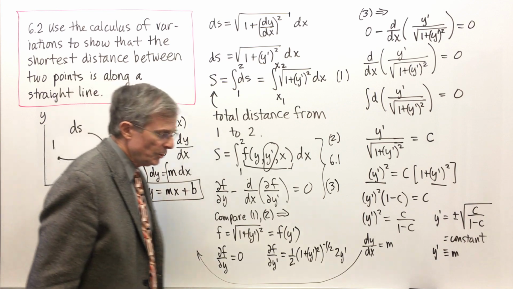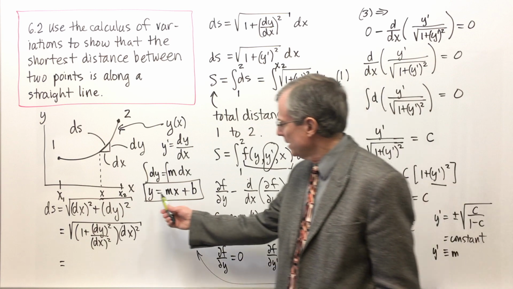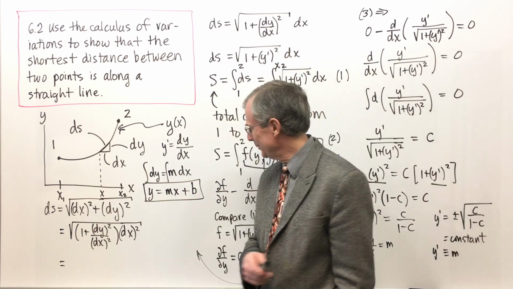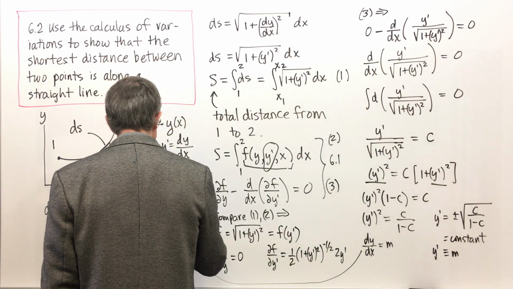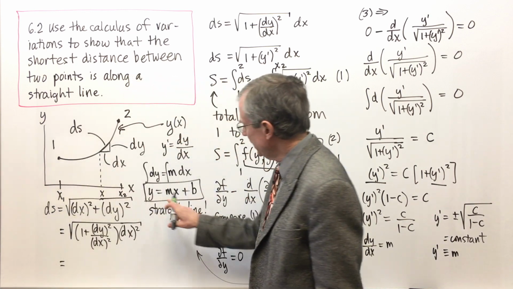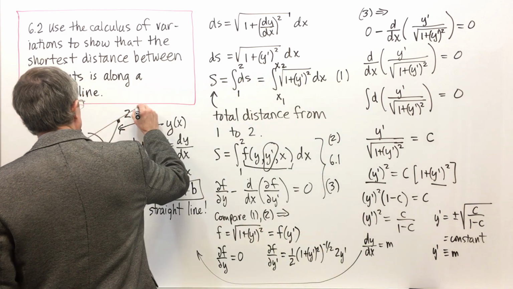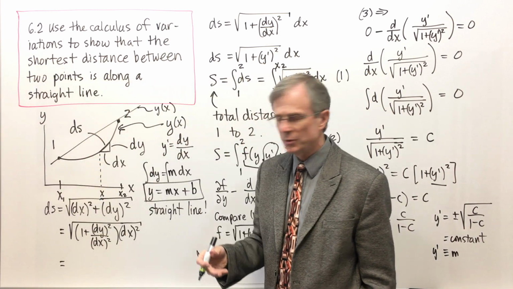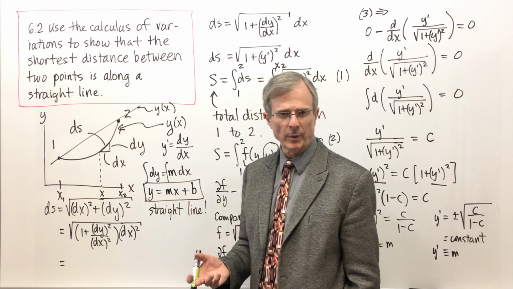And I would therefore ask you what kind of a function this is. And you say, it's a straight line. And I say, good for you. A straight line. And we can certainly make sure that that function y of x passes through point 1 and point 2 by choosing the values of m and b correctly.